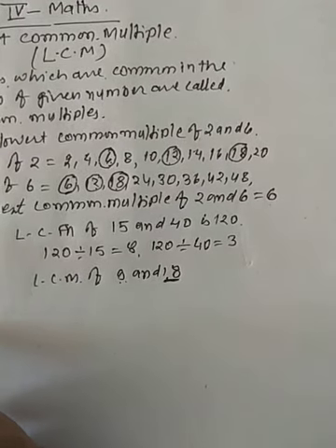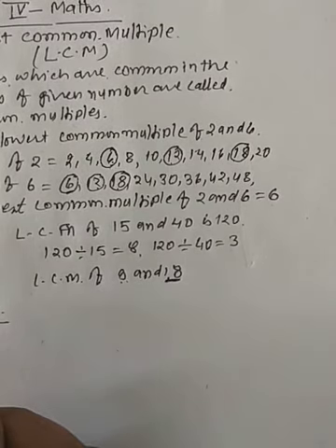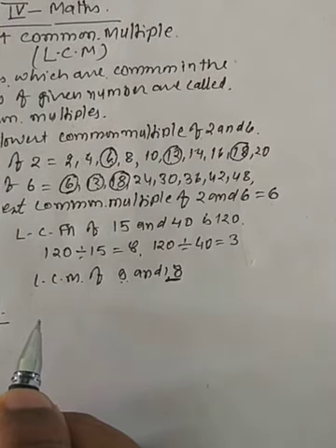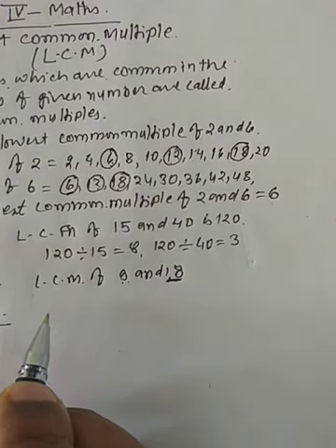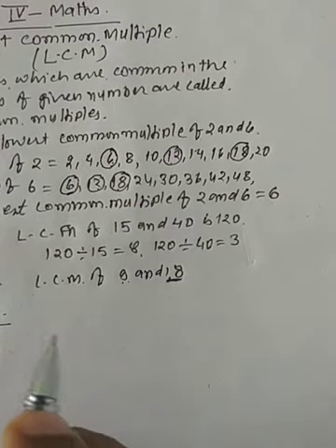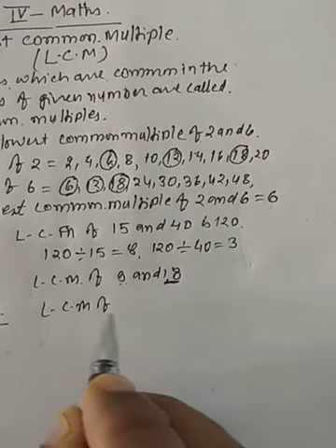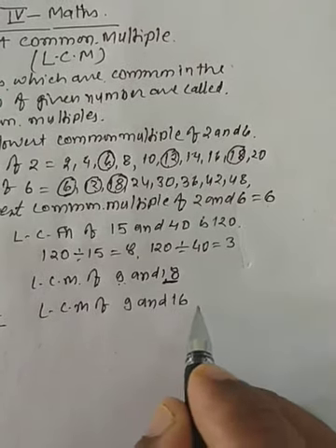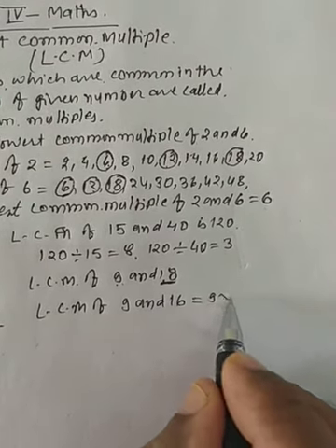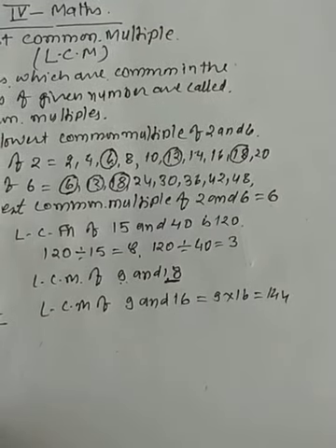Property third: the lowest common multiple of two co-prime numbers is their product. For example, LCM of 9 and 16 is equal to 9 into 16 is equal to 144.